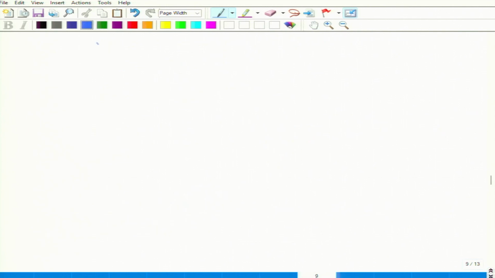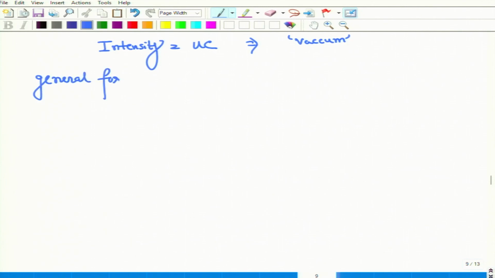Let me write the formula of intensity. If we summarize it, it will be u times c. But we should keep in mind that this definition is valid only for free space, vacuum. Only in free space is the speed of light c; in general, I is equal to u times v, where v is the velocity of the electromagnetic waves.